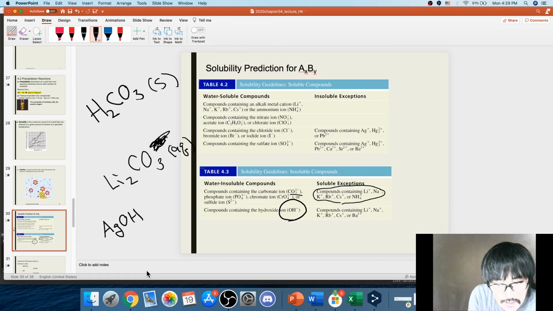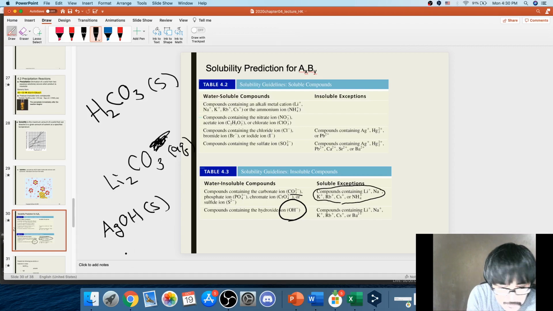AgOH is water insoluble because OH is generally water insoluble except when the compound contains these guys. The Ag is not on this list, so that's solid.